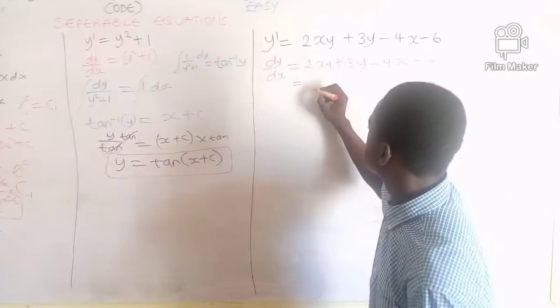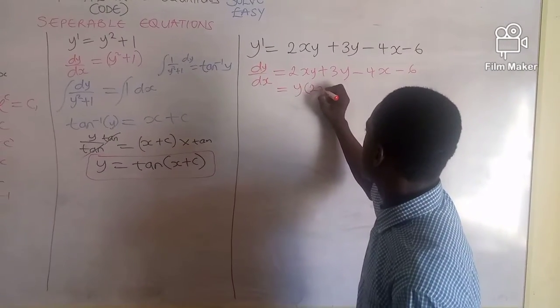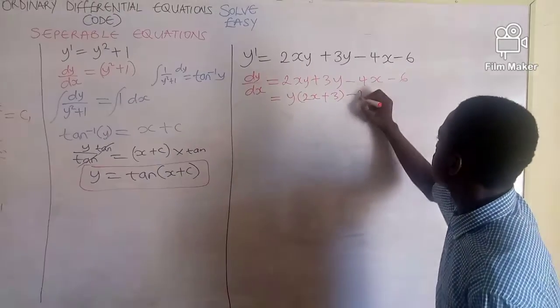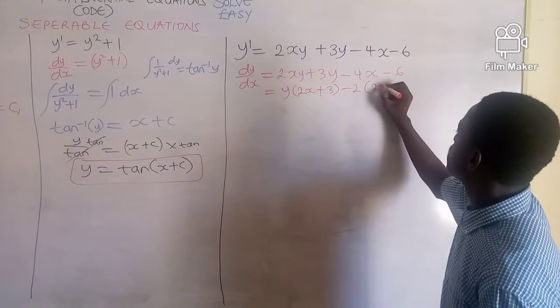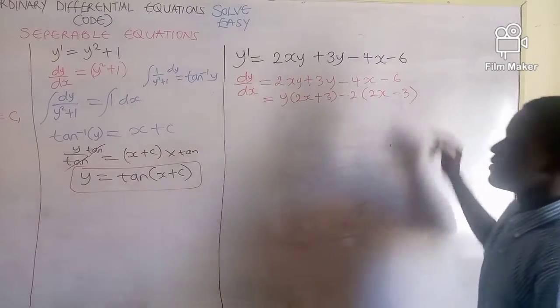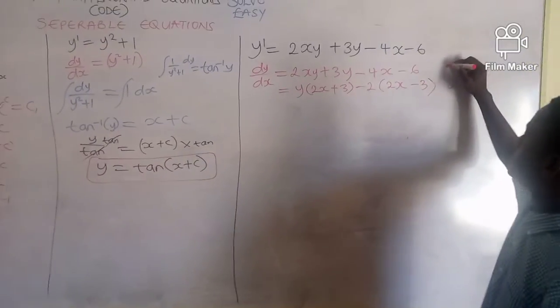Therefore, we'll have the right hand side to be y into, we have y, then 2x plus 3 in brackets, and now factoring minus 2 from here, we are left with 2x plus 3.